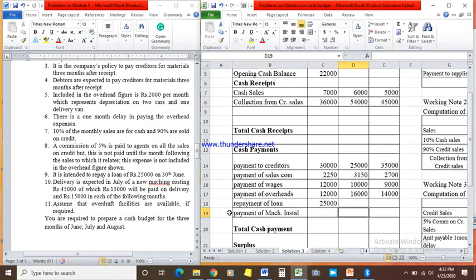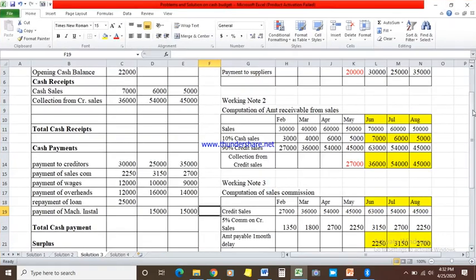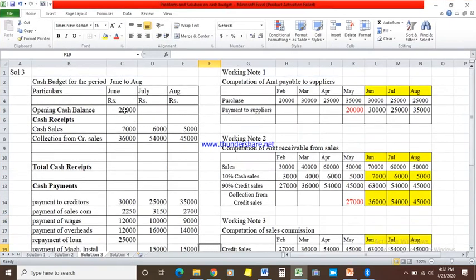In July we are going to pay 15,000, then August 15,000. The last 15,000 is paid in September, but that is not a budgeted period, so we are leaving it. Now having done all the payments and considered all the receipts, let's go for balancing. We'll close June first. 65,000 is the receipt.